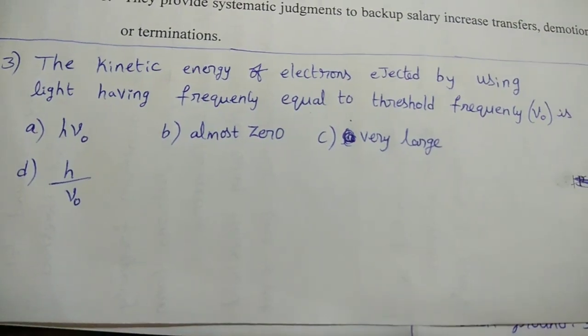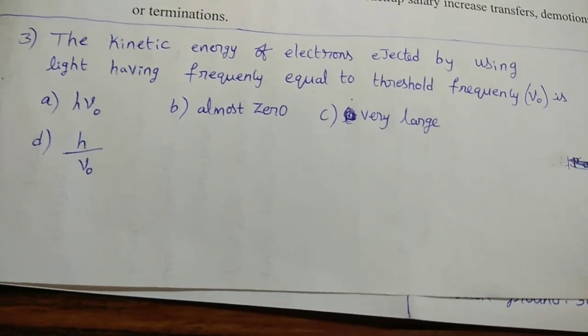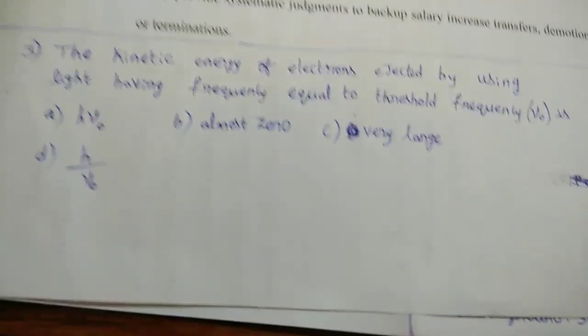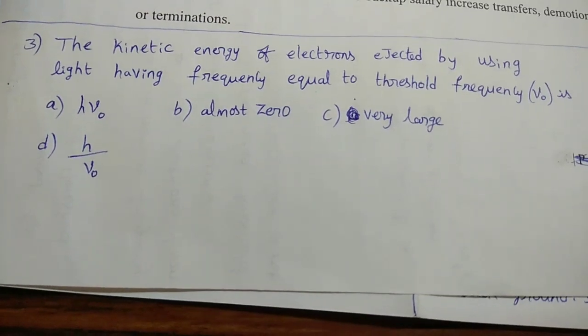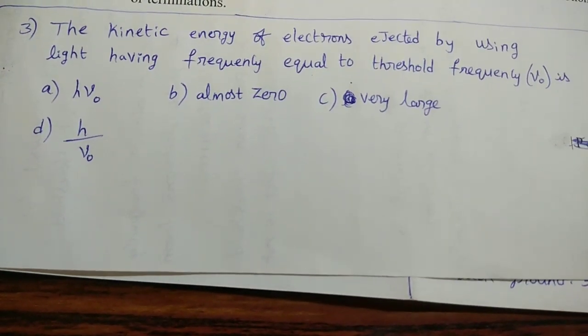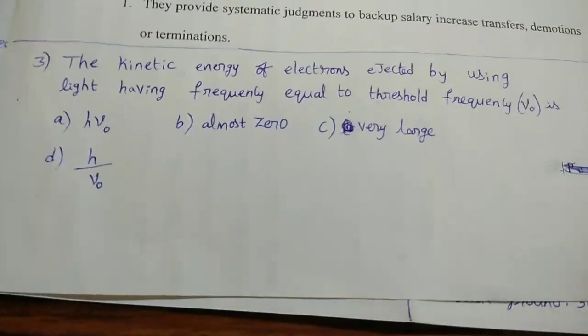The kinetic energy of electrons ejected by using light having frequency equal to threshold frequency nu naught is, suppose incident light frequency is exactly equal to the threshold frequency, then what about kinetic energy of the photoelectrons?